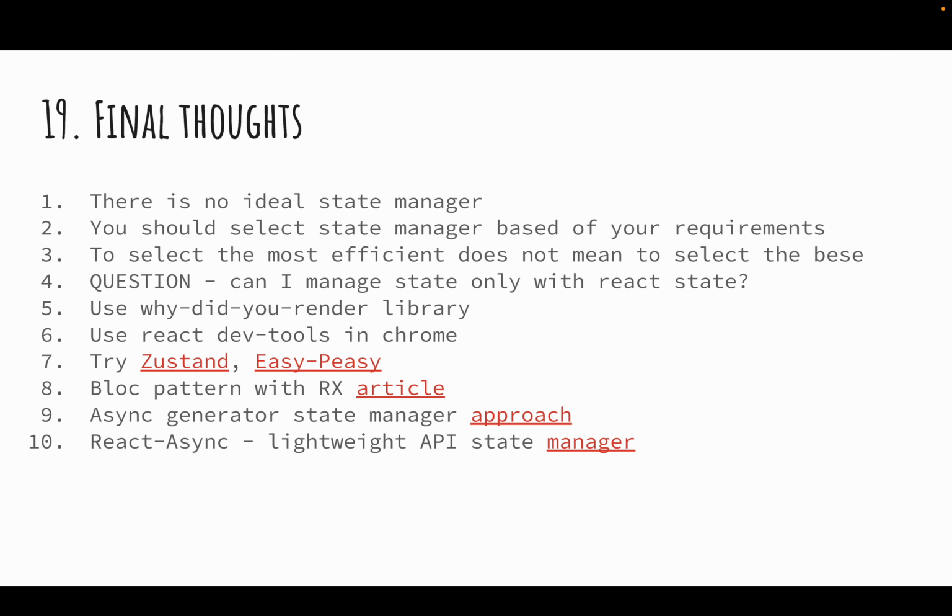It's really interesting and not used very often, but you can do state management with closures and generators. And React Async is a lightweight API state manager, so try this one. Okay, so that was it.